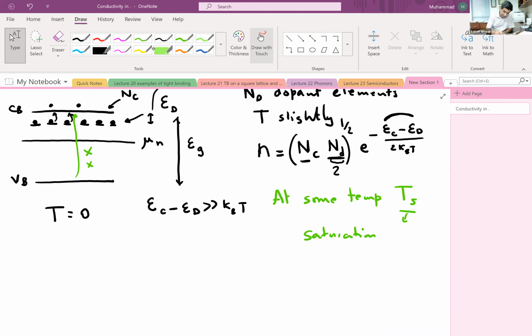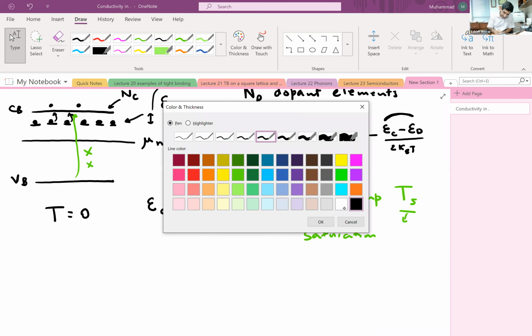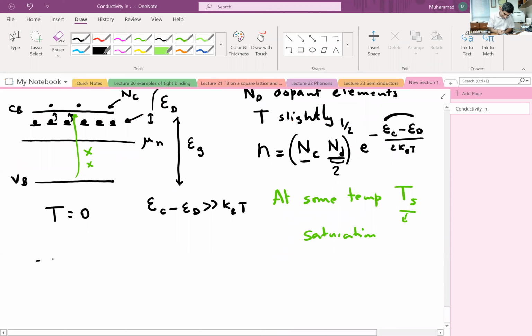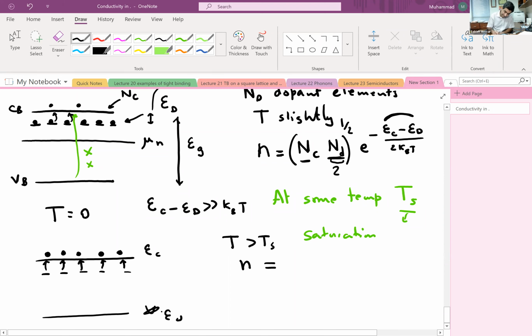So if I were to draw a band diagram at TS, all of the electrons have now been promoted to the conduction band. The number of electrons beyond this TS remains fixed at ND.